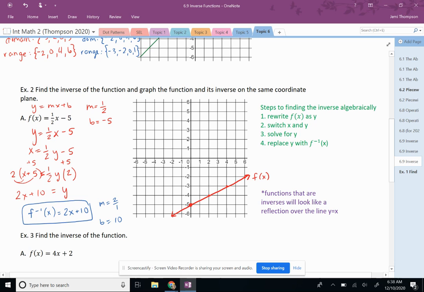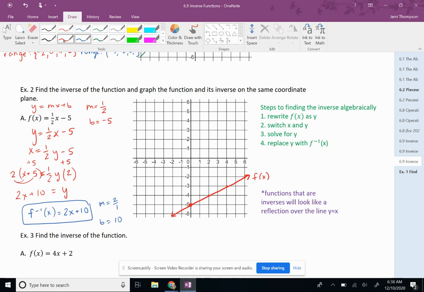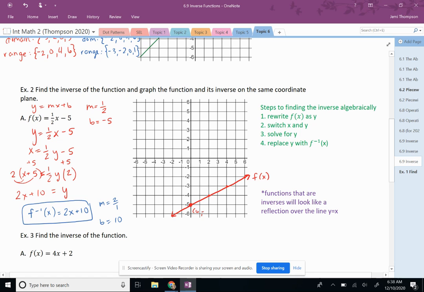So for example, that point intercepting the y-axis, I have that 0, -5. When I map that to the inverse function, that's just -5, 0. And when I have a point like 2, -4, for my inverse function, that's just going to be -4, 2.